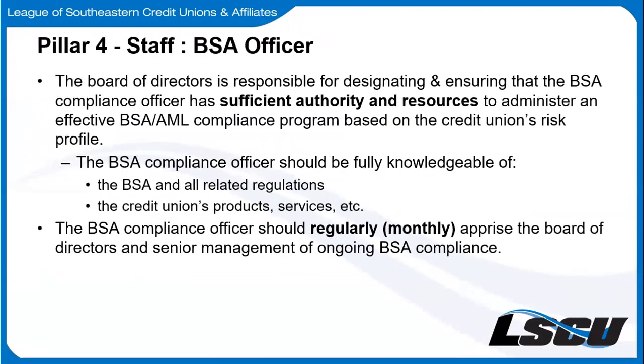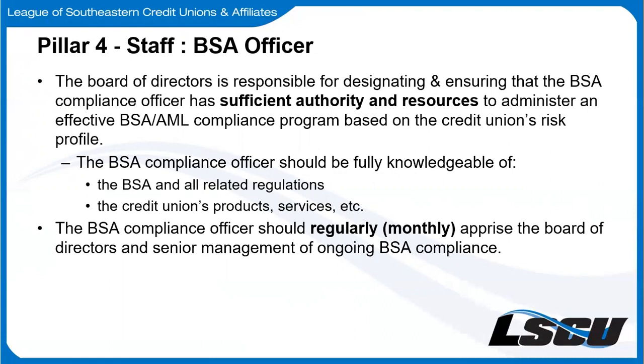Pillar number 4 is ensuring that you have a BSA officer on staff. While the board of directors is responsible for designating this individual, it is important that they also have the sufficient authority and resources to administer an effective BSA program based on your credit union's risk.